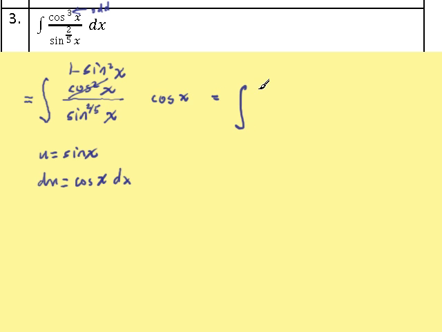So there we have 1 minus u squared, u to the 2/5, and here we have du. Let me put my dx in there.